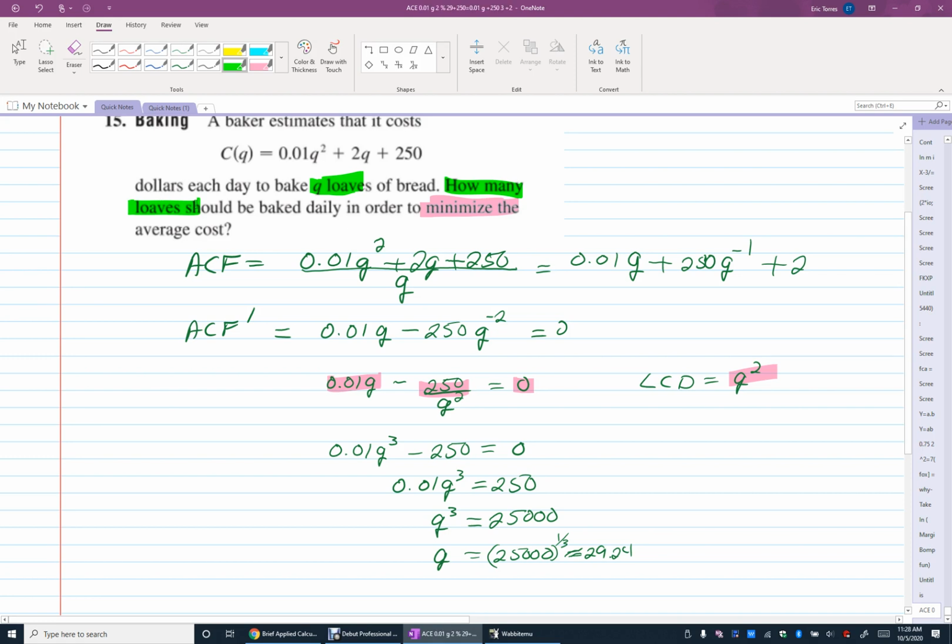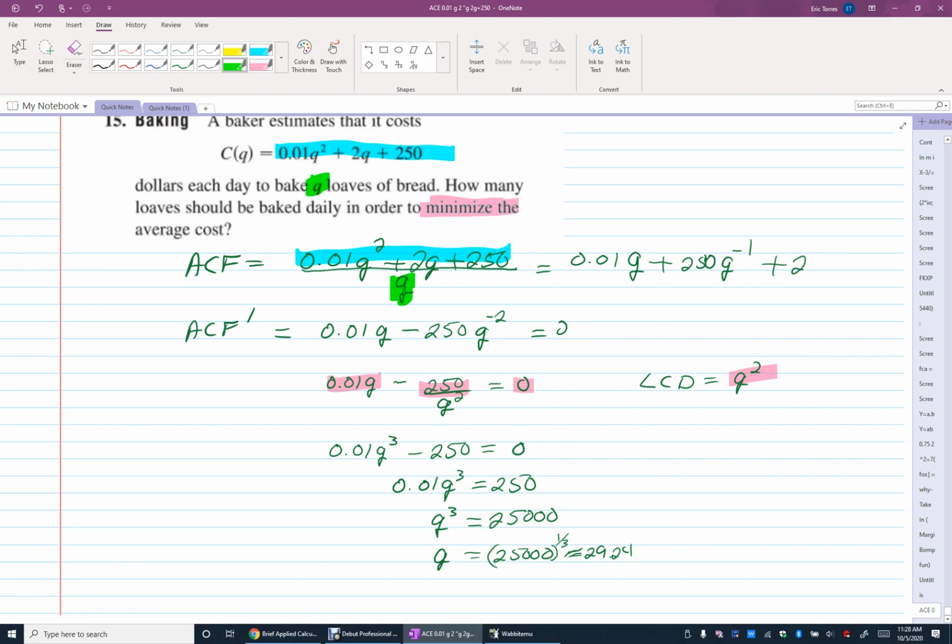Good to go. So again, let's talk about where the average cost function came from. I took the total cost divided by, in this case, the quantity, and my quantity was Q. That's how I'm always going to find my average cost function. Total cost divided by whatever my unit is.